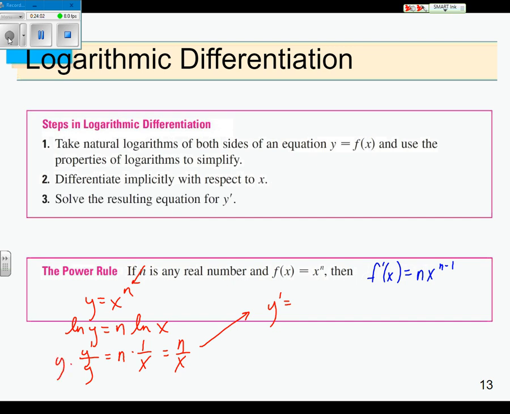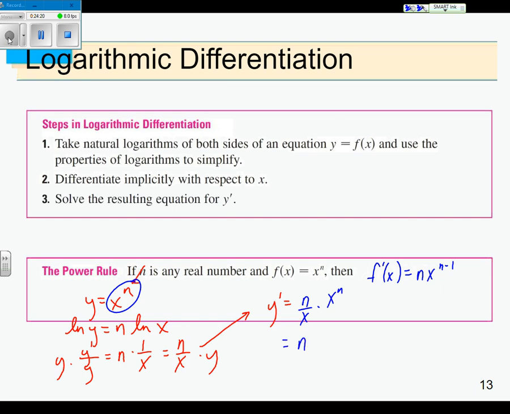So I'm multiplying by y, multiplying this by y. I end up with n over x times x to the n. Let me rewrite that a little bit.